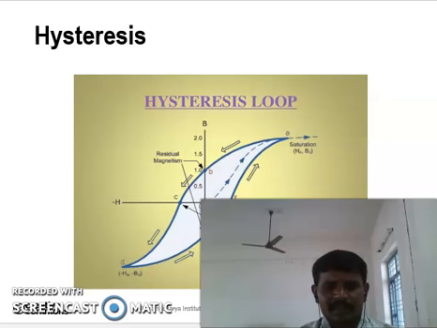The ferromagnetic material is placed in the magnetic field. The magnetization is developed in that material up to a maximum value. This maximum magnetization is called saturation magnetization. Beyond this, with increasing magnetic field, the magnetization does not increase. Then the applied magnetic field reverts to zero.